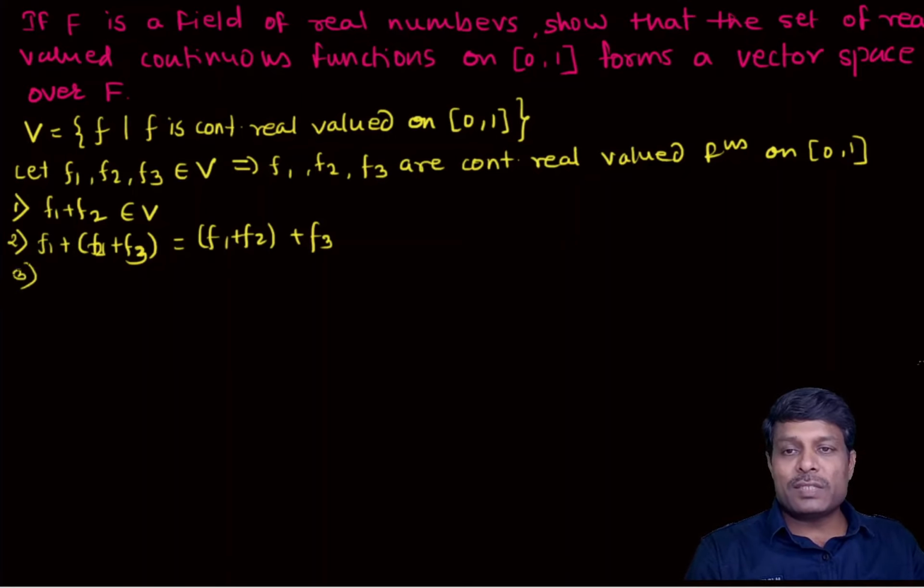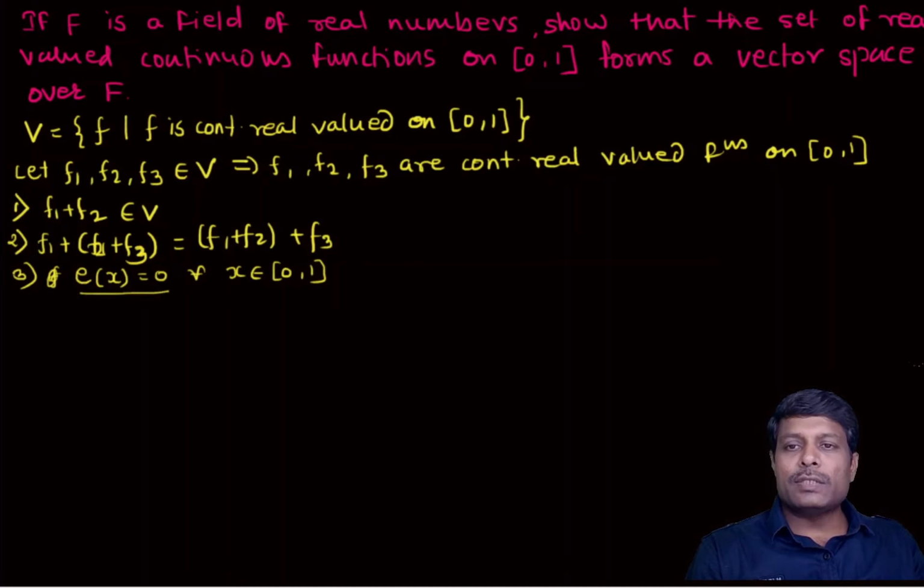Number 3, existence of identity. Now, what should be the identity? Identity is the zero mapping. So if that zero mapping is denoted by E, it means E of x is identically 0 for all x belonging to the unit interval 0 to 1. Look, this is a zero function.